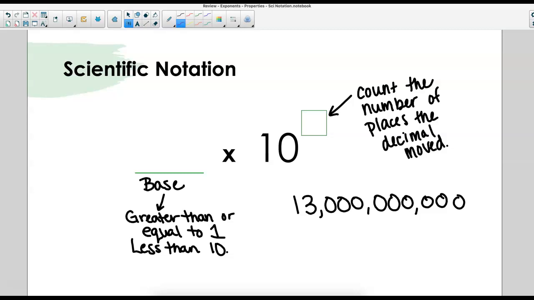What would we write? So it'd be 1.3 times 10 to what power? 10. It'd be 3, 6, 9, 10. So 1.3 times 10 to the 10th power.